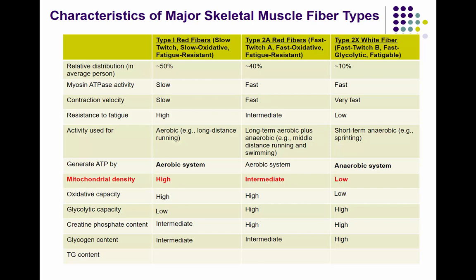So that makes sense, right? The type 2X would have a lower triglyceride content, and type 1 particularly has a higher triglyceride content. Right? Any questions?